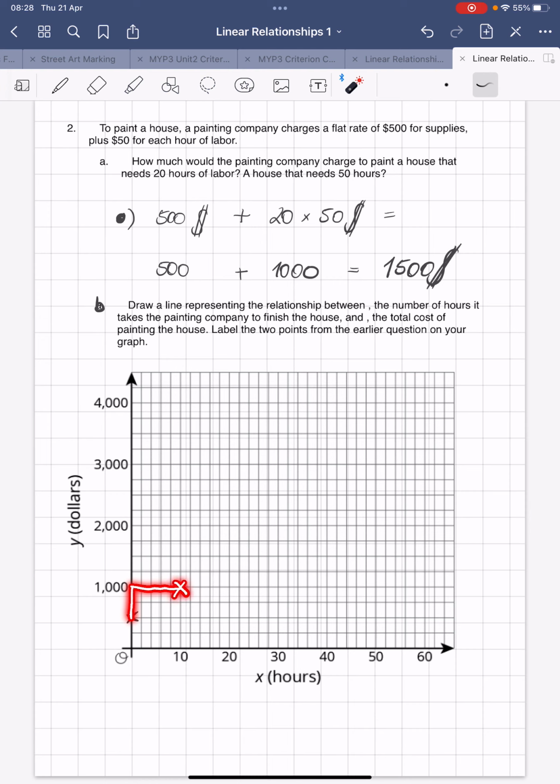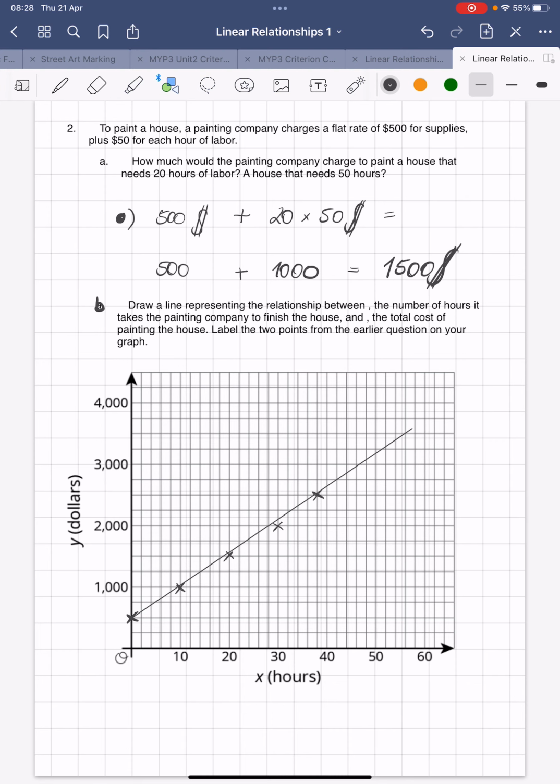So I'm going to be ending up right there. So 10 hours, another 500. For another 10 hours, it's going to be another 500. And for another 10 hours, another 500. And for another 10 hours, another 500. So that's the straight line that you should be drawing here.